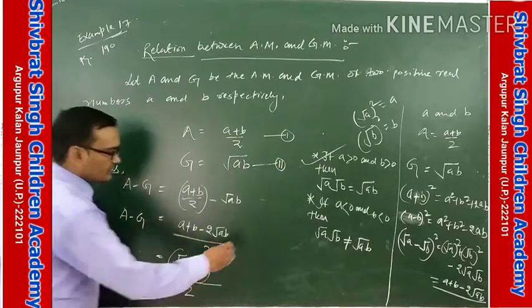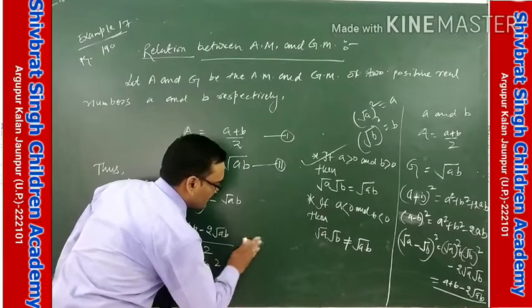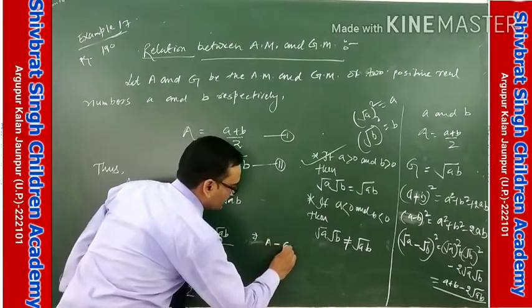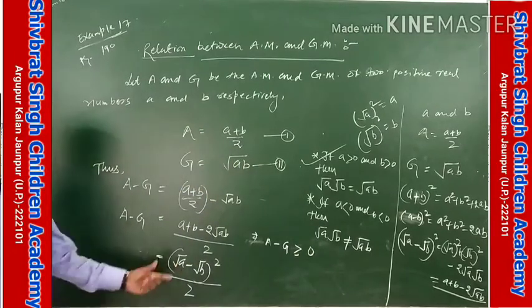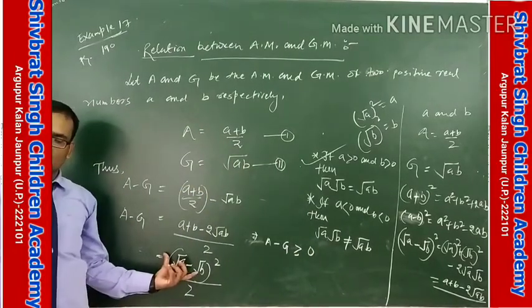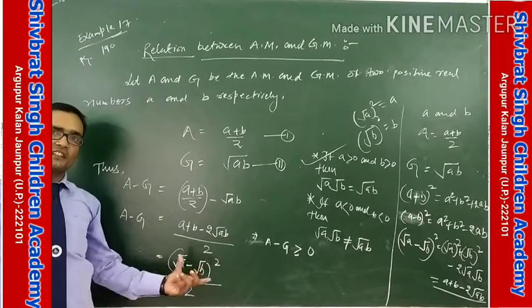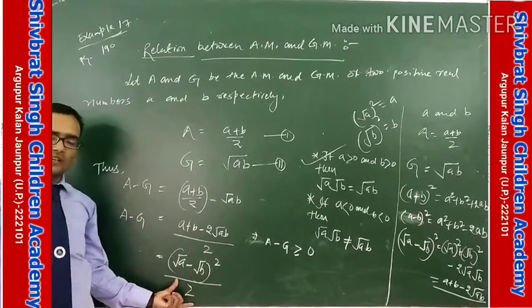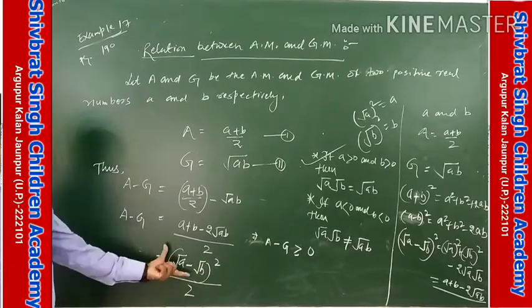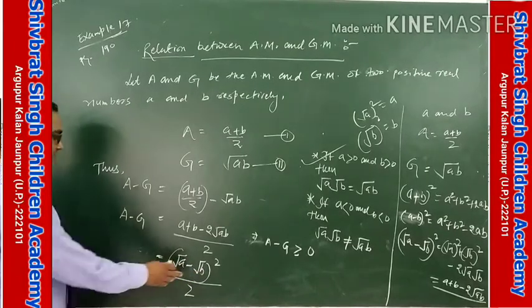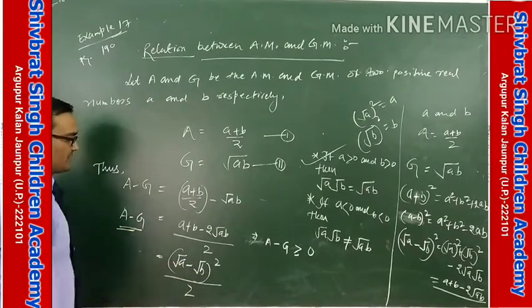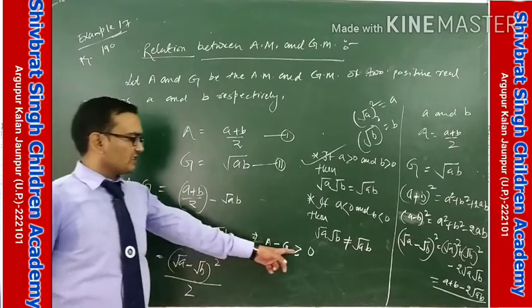This implies that A minus G is always greater than or equal to 0, because the square of any number is greater than or equal to 0, and 2 is always greater than 0. So A minus G is greater than or equal to 0.